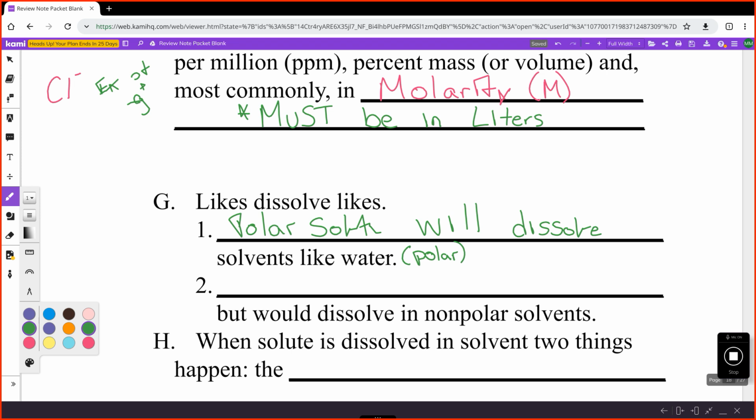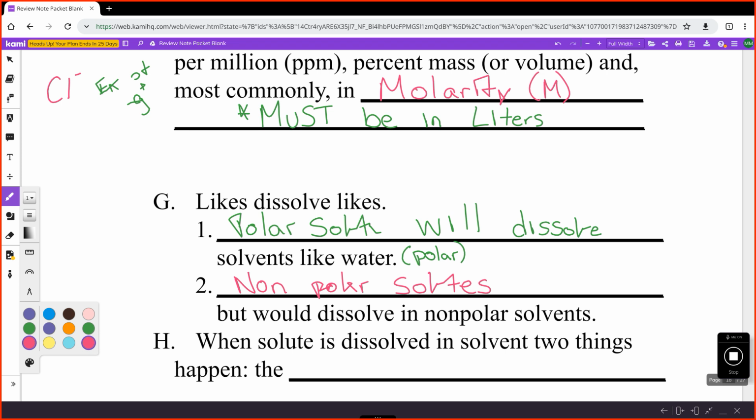Likes dissolves likes. On the other side of this, non-polar will not dissolve in water, right? Non-polar would not dissolve in water, but non-polar solutes would dissolve in non-polar solvents, right?